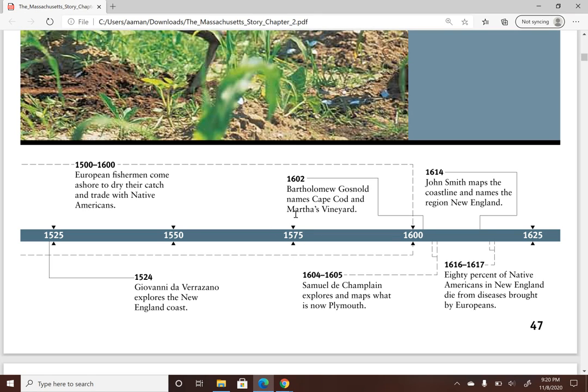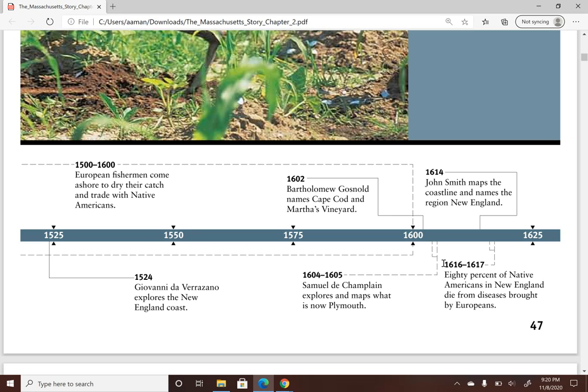Then, in 1602, Bartholomew Gosnold names Cape Cod and Martha's Vineyard. In 1604 to 1605, in 1 year, Samuel de Champlain explores and maps what is now Plymouth. Then in 1614, John Smith maps the coastline and names the region New England.